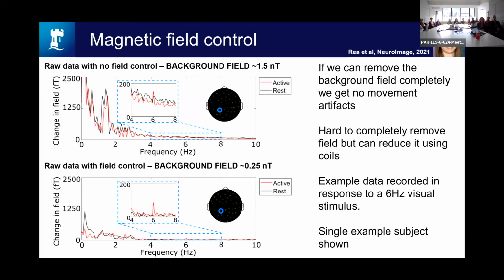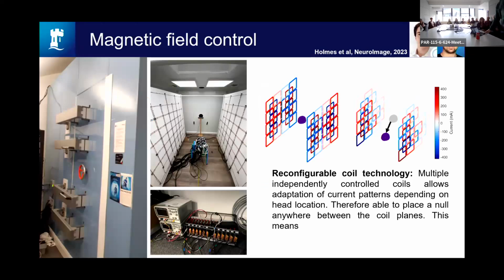Then if you drop that background magnetic field to zero, then all of a sudden both of these things come down here, and that's what happens. You get a nice 6 Hertz response. So controlling the background field is really important to be able to enable free movements. So we have different coil systems to do this.